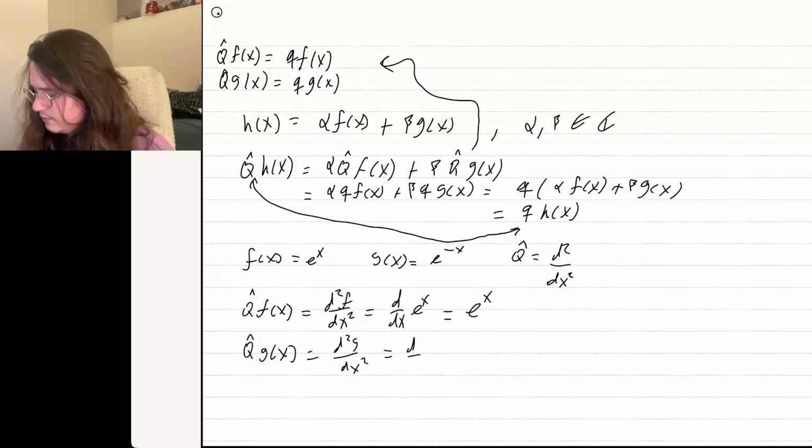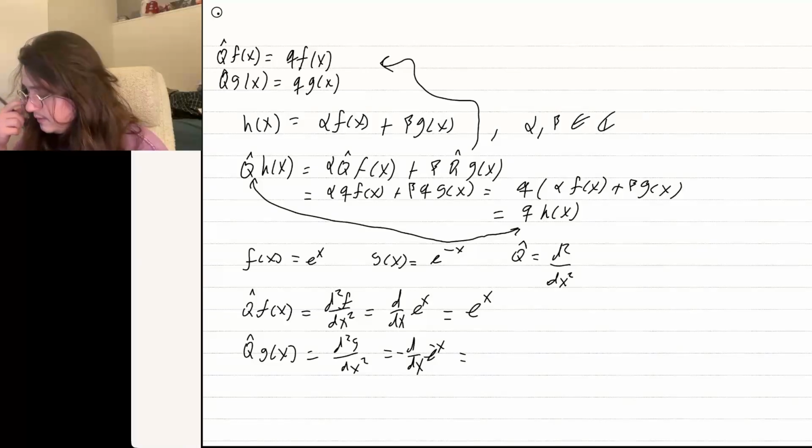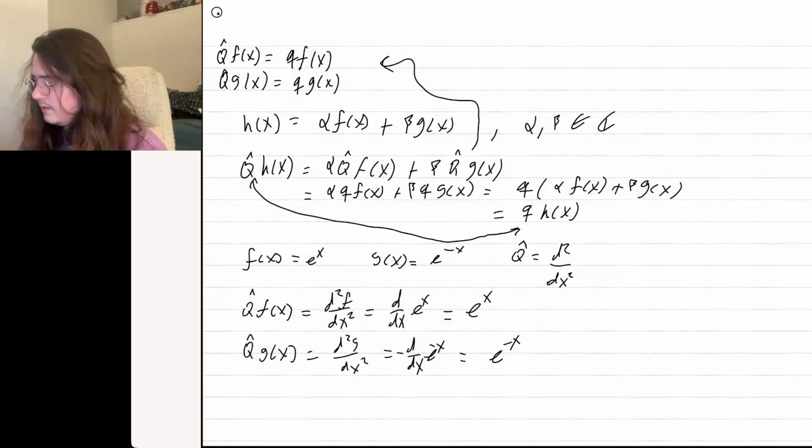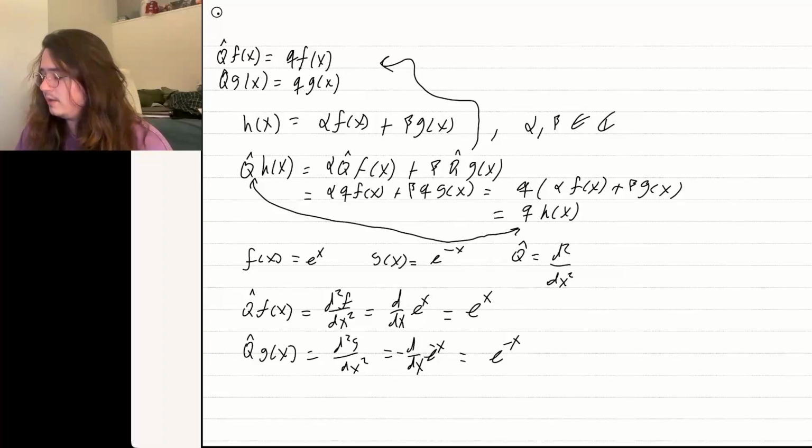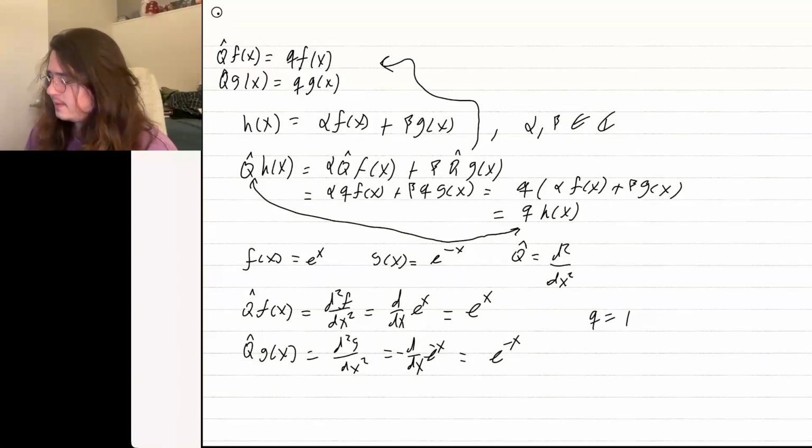The first derivative of e to the minus x is minus e to the minus x, and then the derivative of that is minus minus, a plus e to the minus x. So clearly they both did end up having the same eigenvalue, but that eigenvalue happened to be 1. Okay, so that's chill.